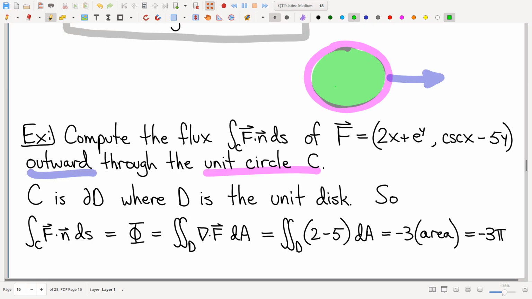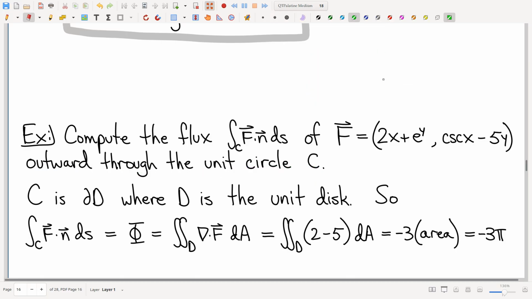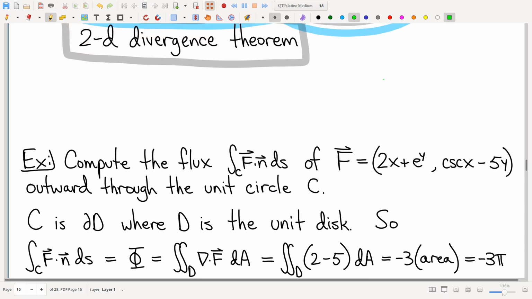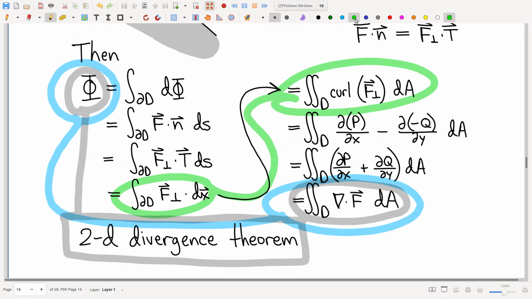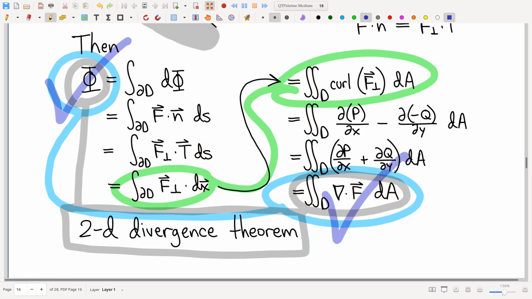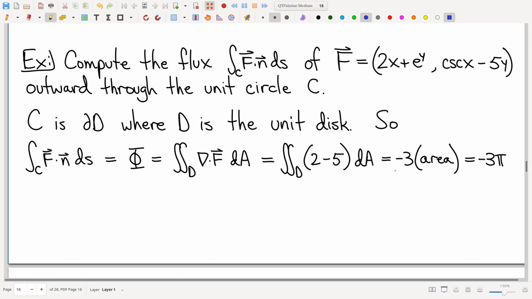Because remember, the rule for orientations on boundaries, when you're talking about boundary flux, is away from the solid in question, which in this case is outward. Okay, sweet. So this is a boundary. And we, therefore, are not just computing a random flux. We are computing a boundary flux. Boundary flux, double integral of divergence, like so.